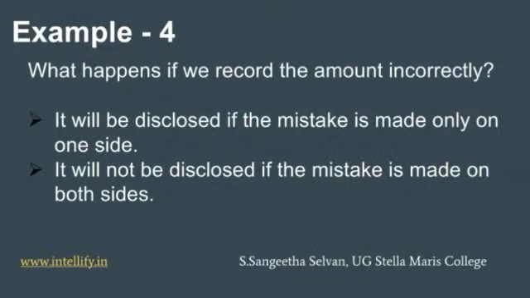In one ledger we record it as 1000 and in the other ledger we record it as 100. Then the mistake will be reflected in the trial balance. At the same time, if we make the same error in both the accounts, then it will not be disclosed. So the incorrect recording of an amount will remain undisclosed only if we make the same error in both the accounts.